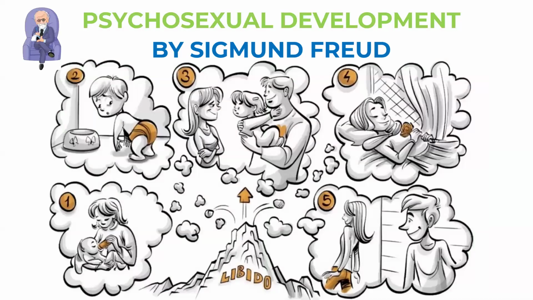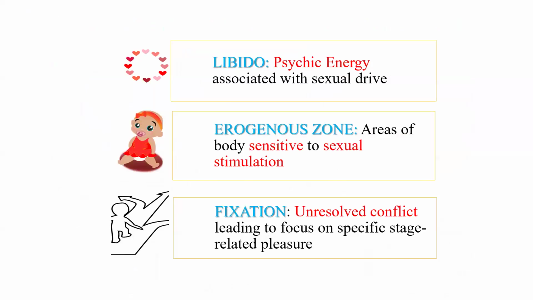Now we'll see the psychosexual development theory given by Sigmund Freud, in which he has given five different stages. He said that all the stages are driven by libido. Libido is our psychic energy, as in sexual desires. He has also given a term called erogenous zone, that is an area of sensation.